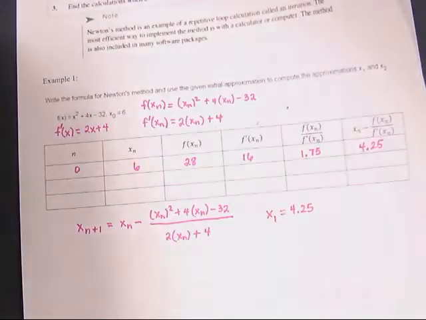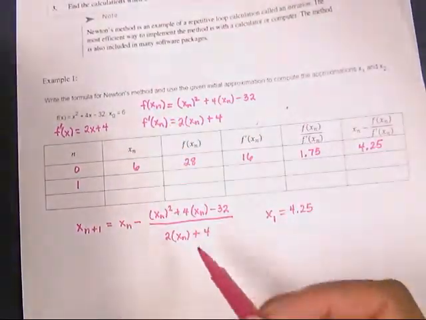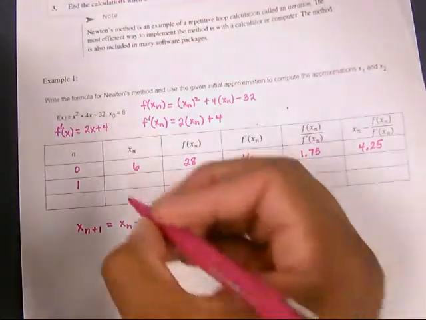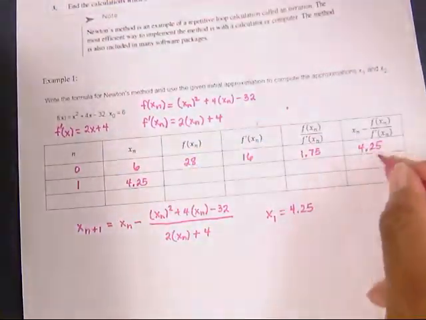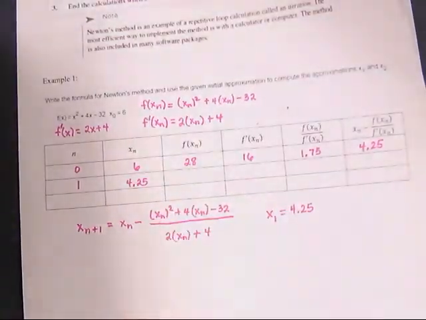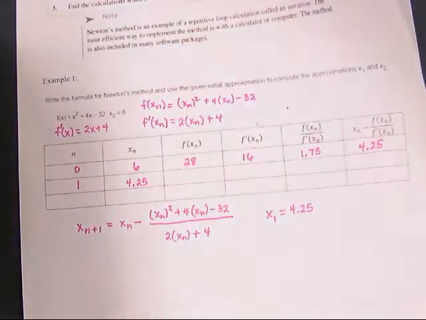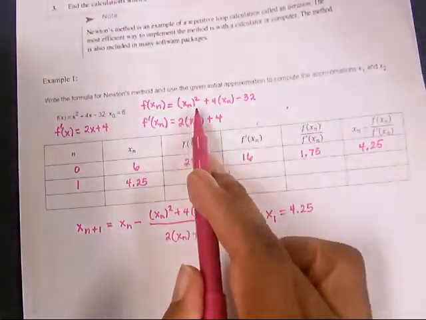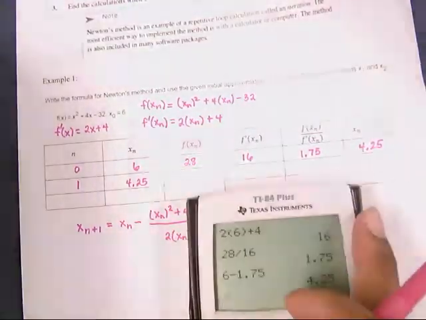Okay? Because for the next row here, your n is going to be 1. And now your x sub n will be this number right here, 4.25. That goes here. Because whatever you get here will go here under x sub n. And then we'll do that process over here. So now, f of x sub n, I'm going to replace each x within the f of x function with 4.25.